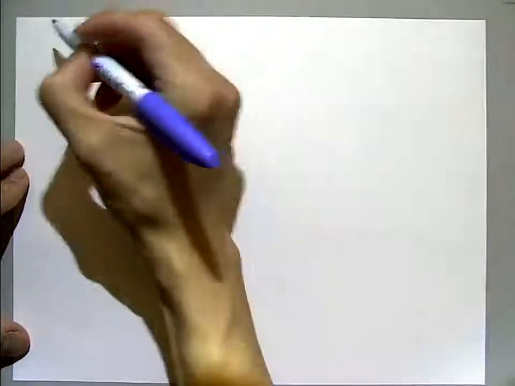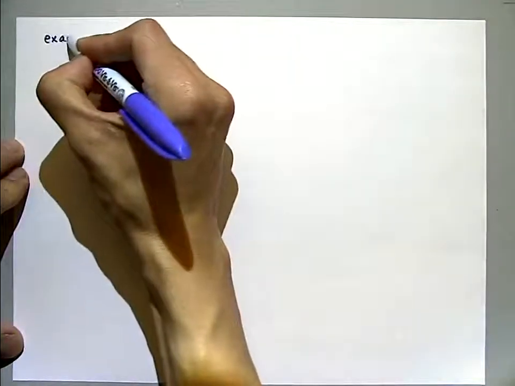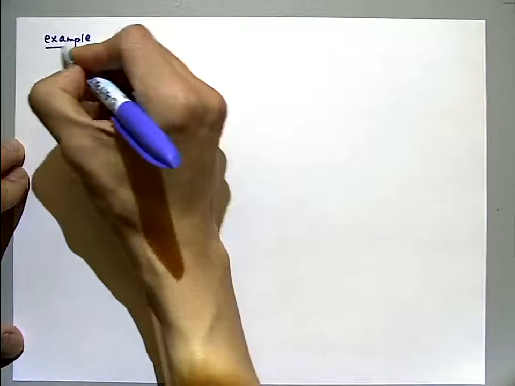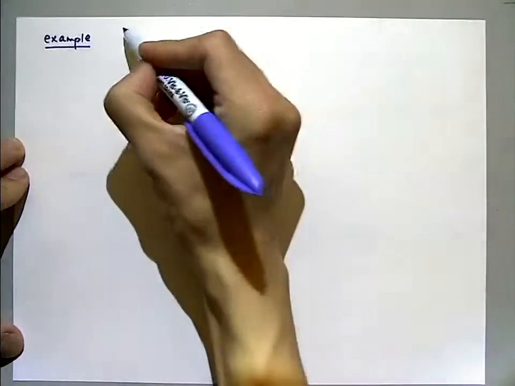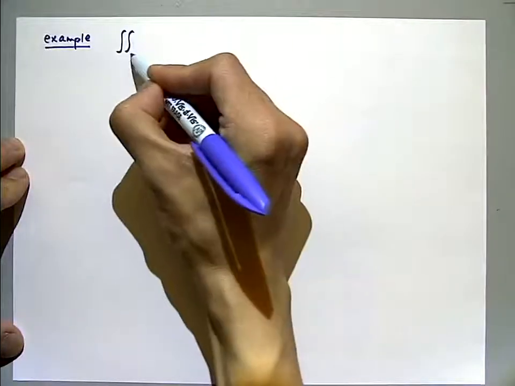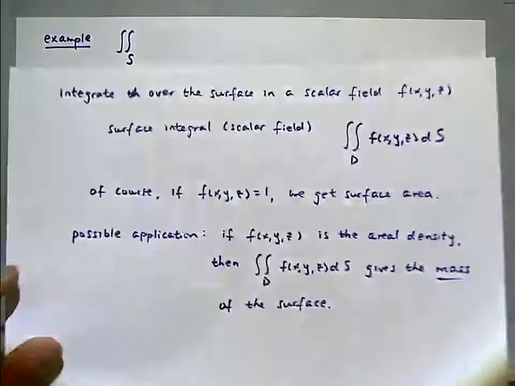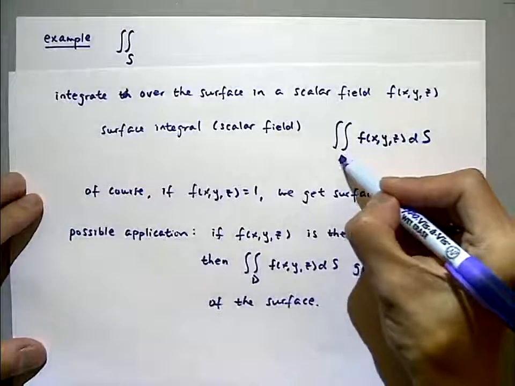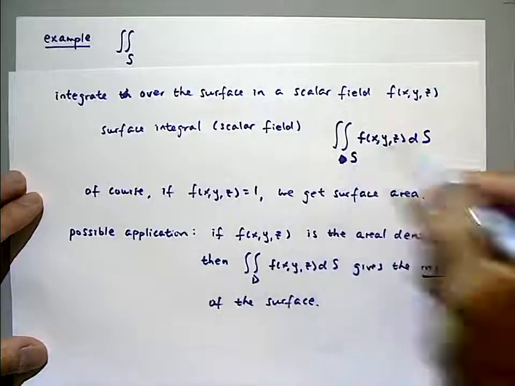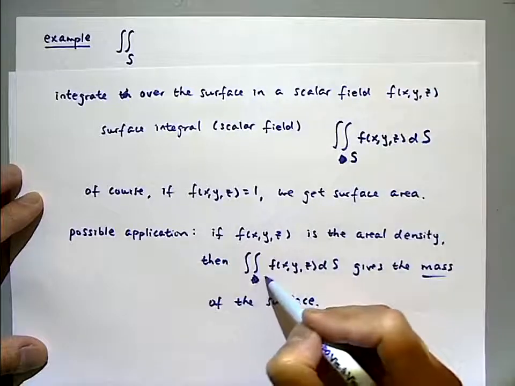Okay, let's do examples. By the way, let me go back here. Normally, we don't write D here. We write the big S. So let me change that.